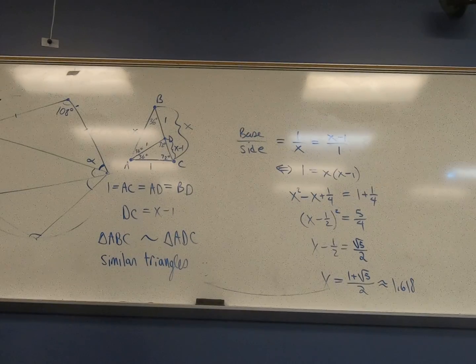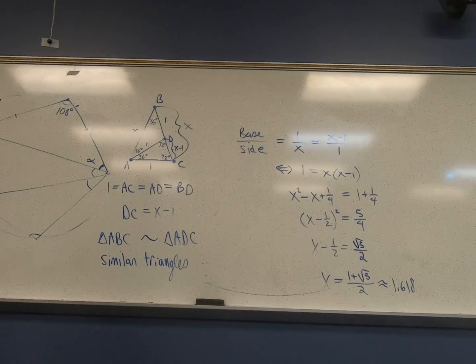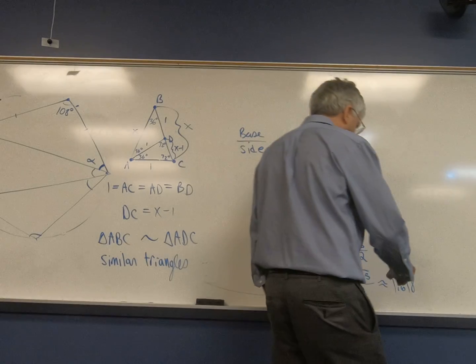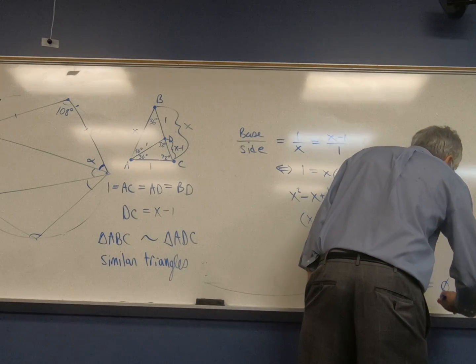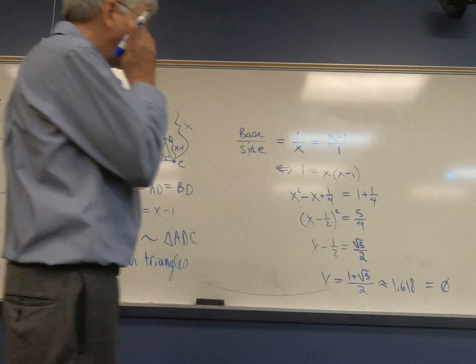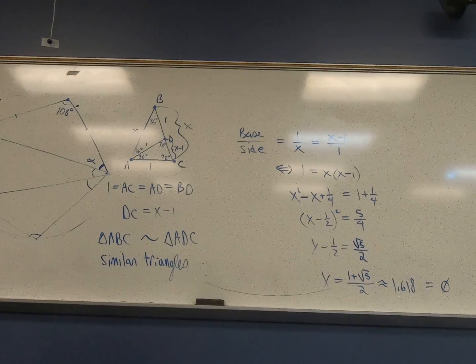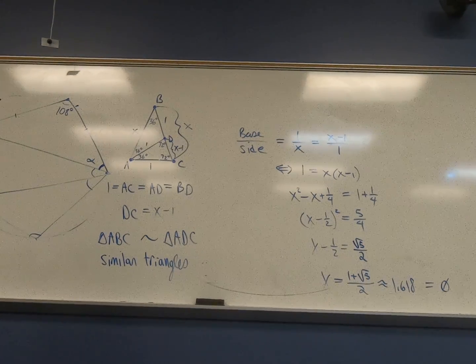Why do I know it? This actually has a special name. It's sometimes called phi, or the golden ratio, the golden mean. It's a very special number, and it's considered to form a pleasing proportion.